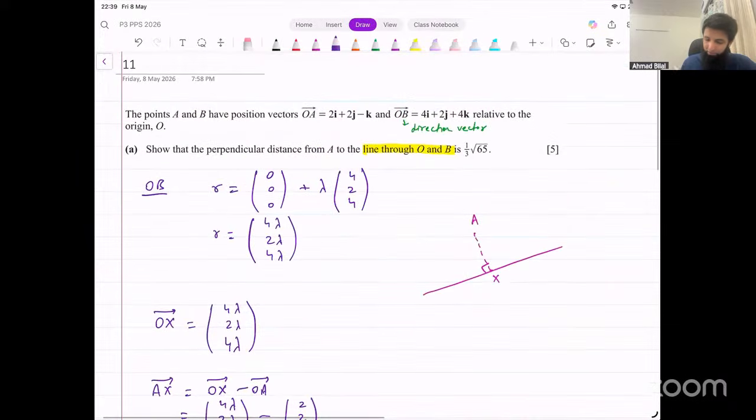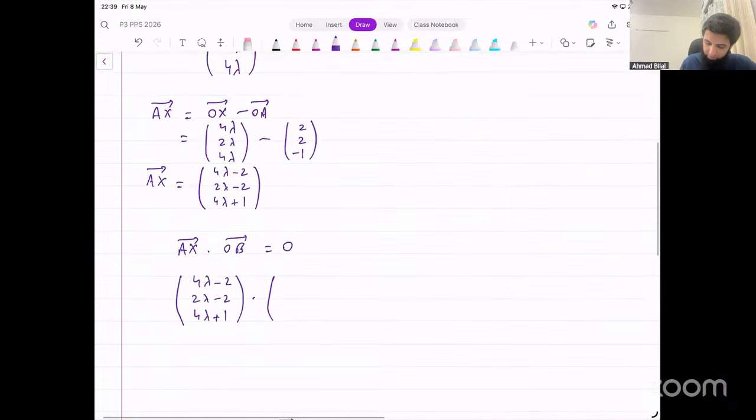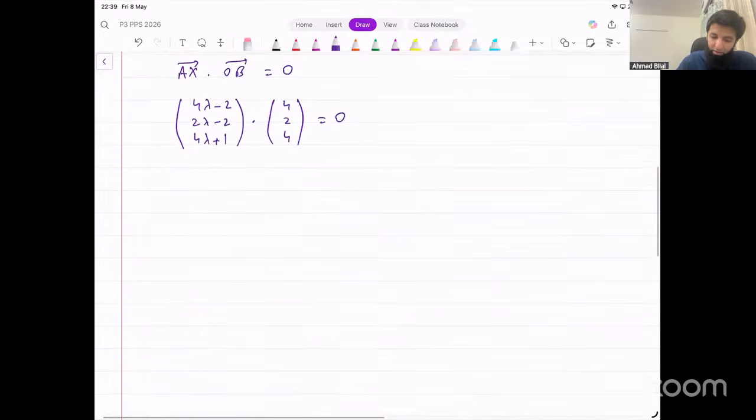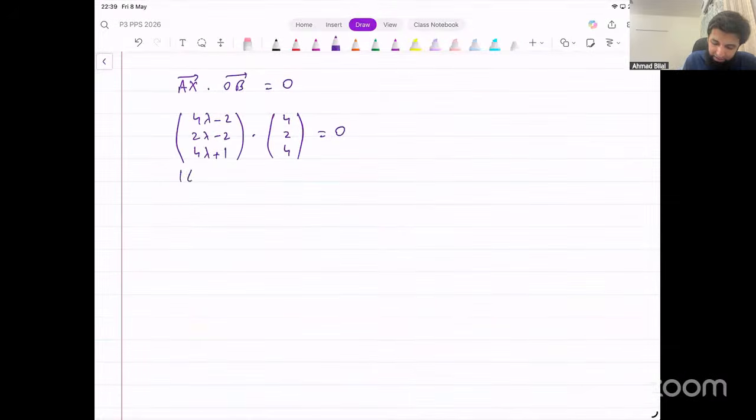What's OB? 4, 2, 4. This must be equal to 0, and that will give you something. 4 into 4 is 16. 16 lambda minus 8 plus 4 lambda minus 4 plus 16 lambda plus 4 equals 0. Okay, this simplifies to 36 lambda minus 8 equals 0.